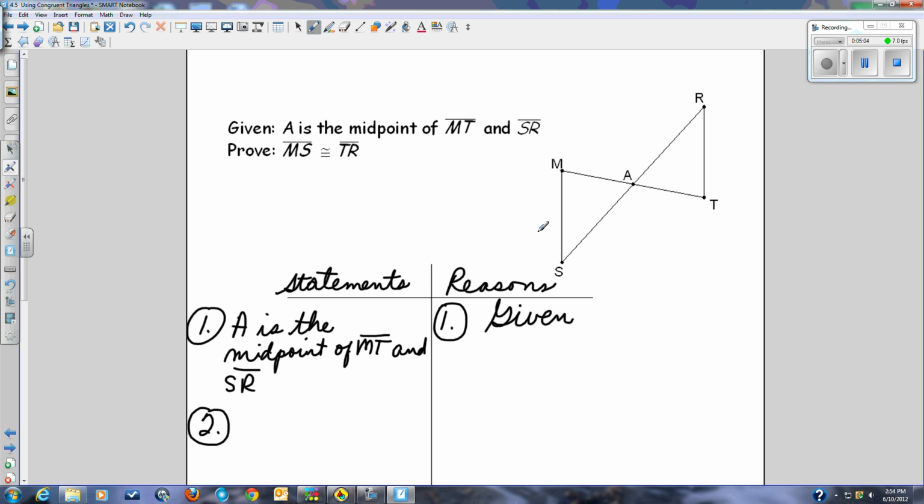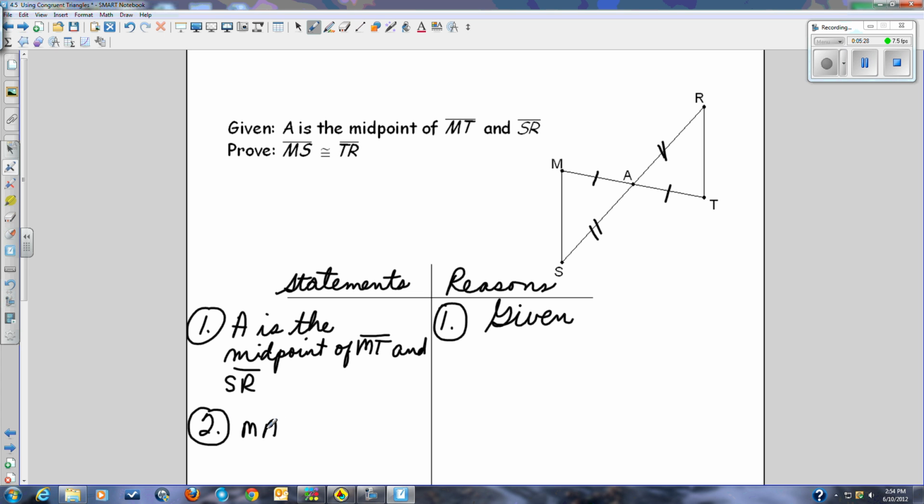Well, if A is the midpoint of MT and SR, just because of the definition of a midpoint, that means that MA has to be congruent to AT, and it also means that SA has to be congruent to AR. And we can write all of that in the same statement if you want.